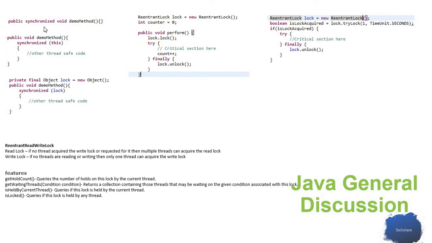What is actually happening here is, once a thread enters the synchronized block or method, it wants that object. Basically every object has a lock internally.